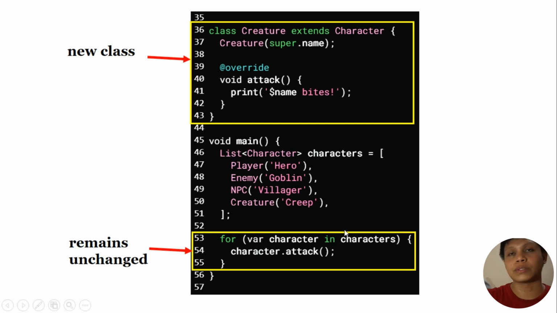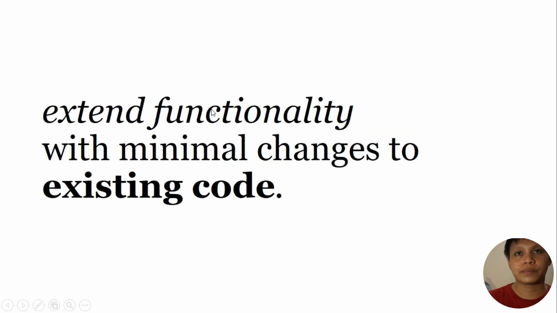And that's the better approach. In other words, as much as possible, whenever we extend functionality or we create new subclasses, we extend functionality with minimal changes to the existing code. This is the better approach. And with that approach, mas easier or mas maintainable yung code natin.